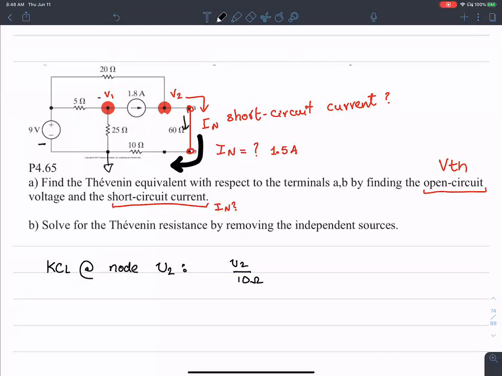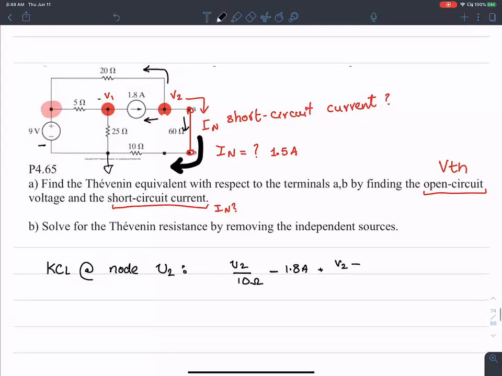And then I can look at the current leaving the node over there, which is negative 1.8 amperes. Then the current leaving this branch would be V2 minus this voltage, which is 9 volts, V2 minus 9 volts over 20 ohms. That is 0. Everybody with me so far?